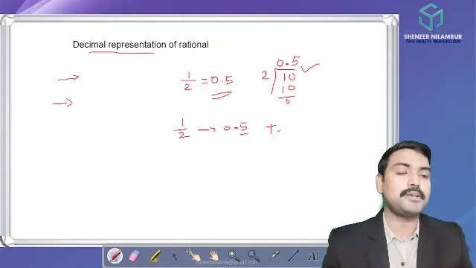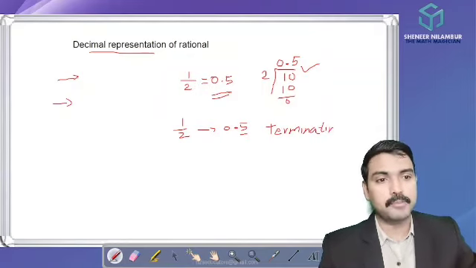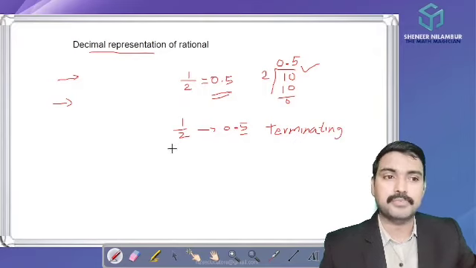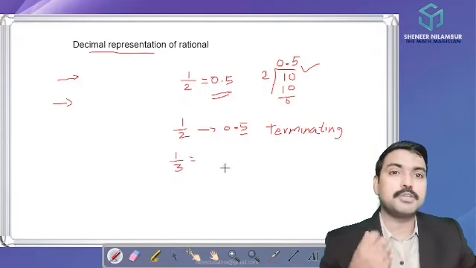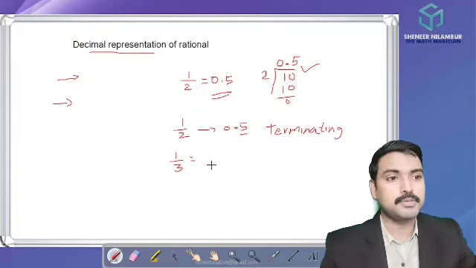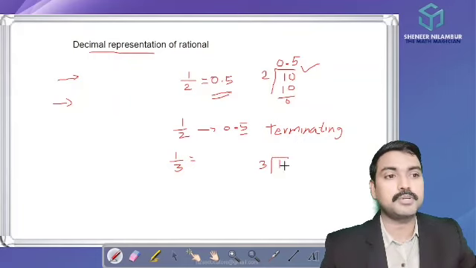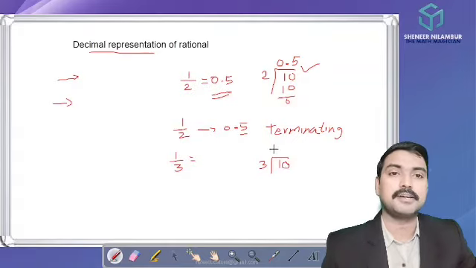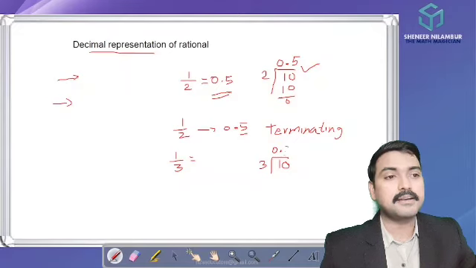The second point, suppose we consider another number, 1 by 3. 1 by 3 is a rational number. When we try to change this rational number into decimal form, we have to divide 1 by 3. As there is no 3 in 1, we write 0 point, that means the decimal point, and 1 0 will be given here. So in 10, how many 3's are there? 3 3's are 9, so 1 remainder is there.